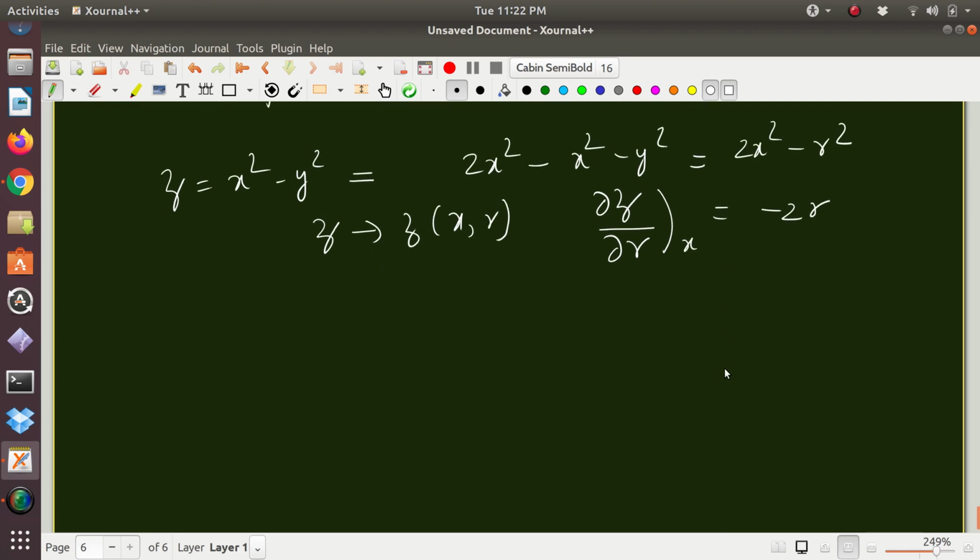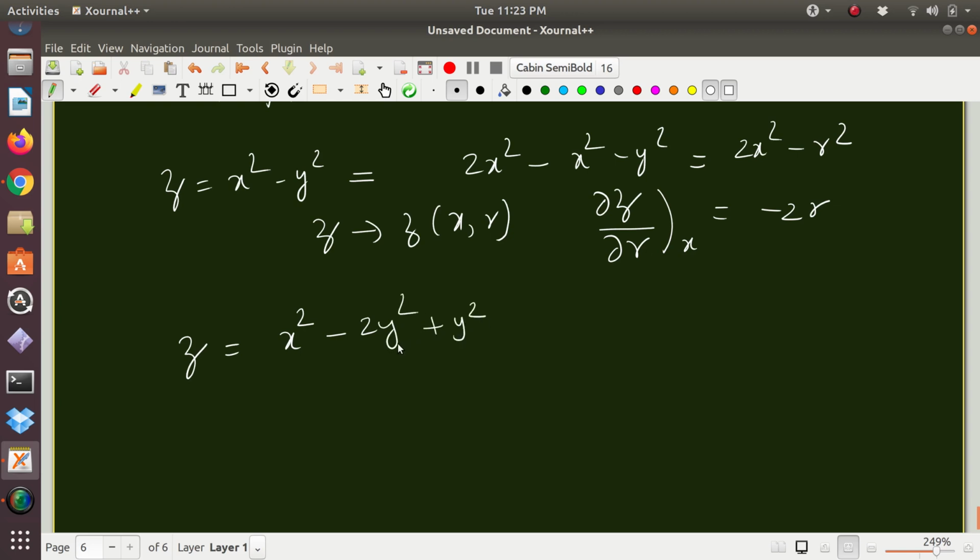Similarly, I can do another trick. I can rewrite this function as x squared minus, instead of y squared, I'm going to write minus 2y squared plus y squared.